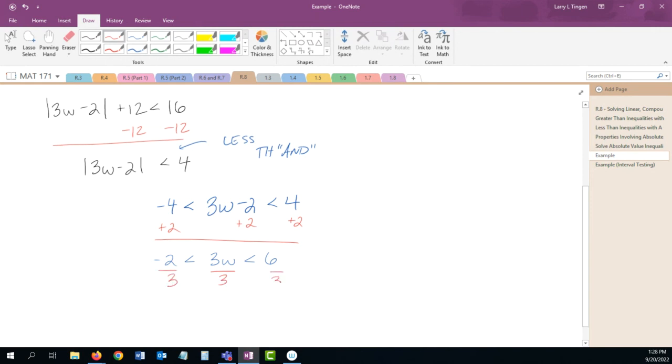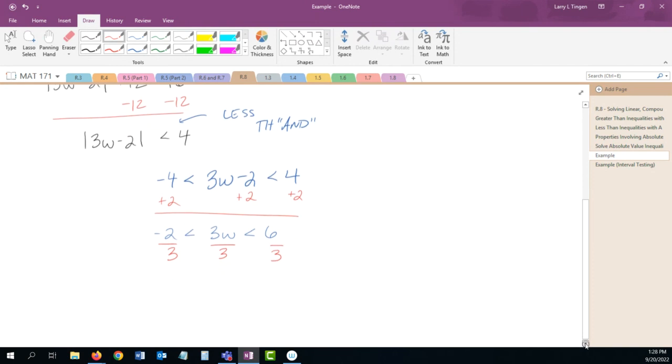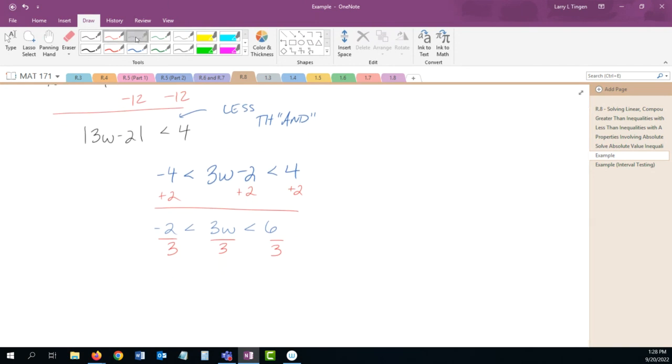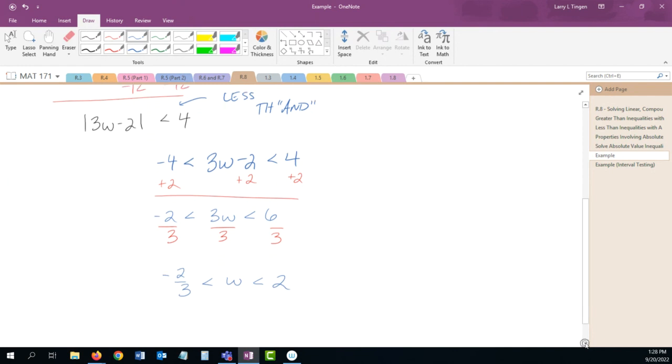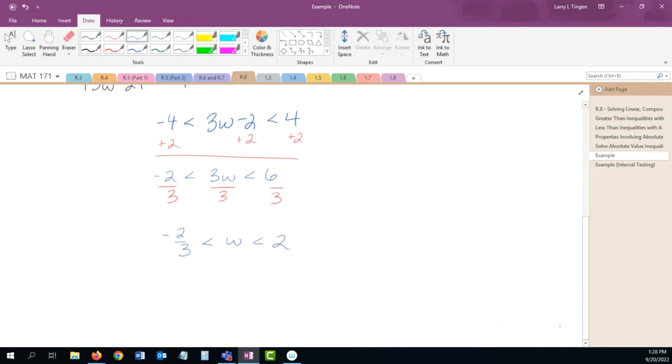It's currently multiplied by 3, which means dividing by 3 will get rid of it. I divided, but I didn't divide by a negative, so inequalities do not change directions. And here's what I end up with: negative 2/3 is less than W, which is less than 2.